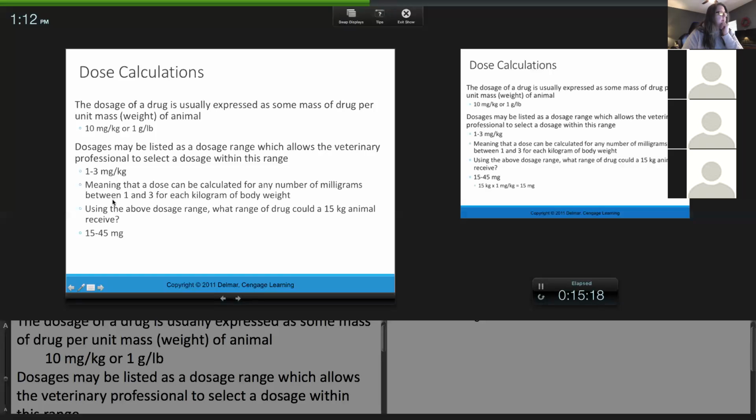If I do 1 mg per kg, that would be 15 milligrams. If I did 2 mg per kg, that would be 30. If I did 3 mg per kg, that would be 45. Most of the time the doctor will tell you where in that range they want the dosage, but you could certainly know the dose that animal receives is going to be anywhere from 15 to 45 milligrams. That's all that problem is showing us.